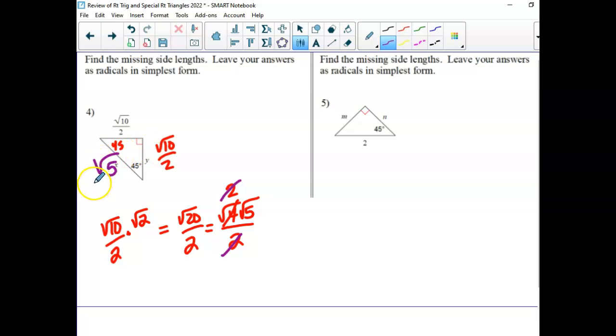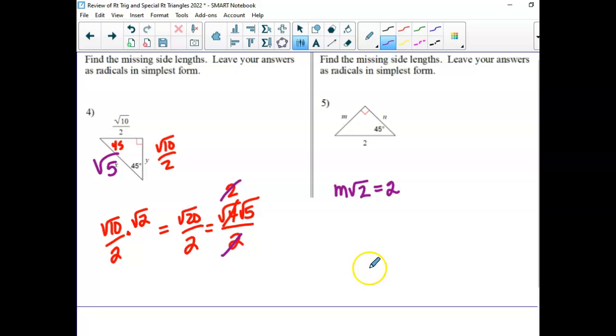It's just in disguise. You don't recognize it. Okay? This is also one of these legs times the square root of 2 somehow became 2 on this side, right? Either of the legs times the square root of 2 became a plain old 2 on this picture.